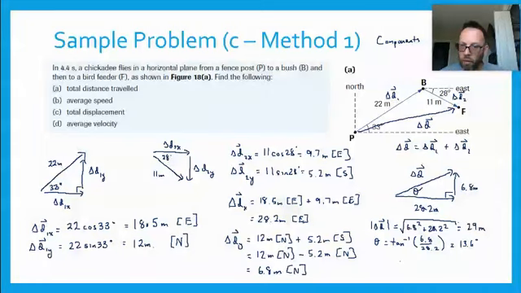And so I can say that the total displacement, so we're done. The total displacement we can say is 29 meters, and the direction is 13.6 degrees north of east.